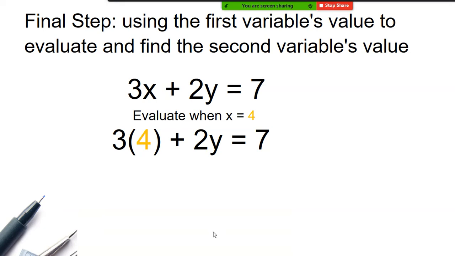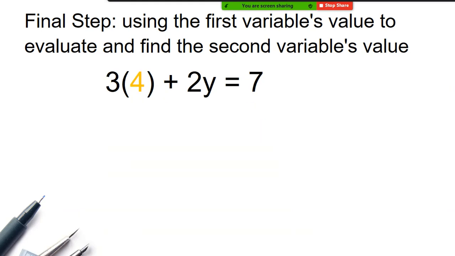Let me pause for about 10 seconds to make sure that you have 3, parentheses, 4, close the parentheses, plus 2y equals 7. Okay? And we're going to go ahead and solve the rest of this equation. So I know that 3 times 4 is 12.